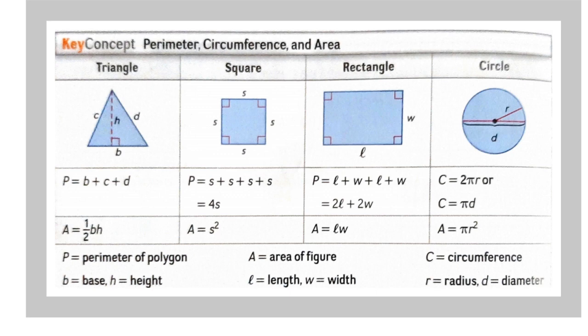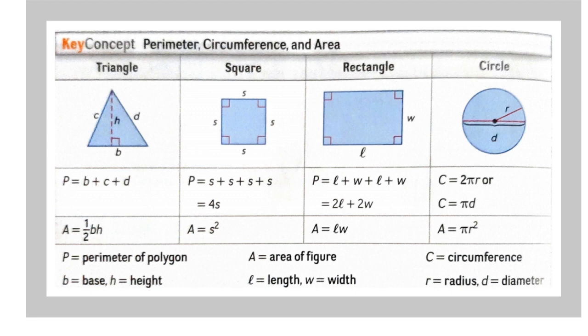This table shows formulas for perimeter, circumference, and area of some geometric figures. For example, the area of a triangle is 1/2 base times height. The area of a square is the side squared, and the perimeter is 4 times the side.